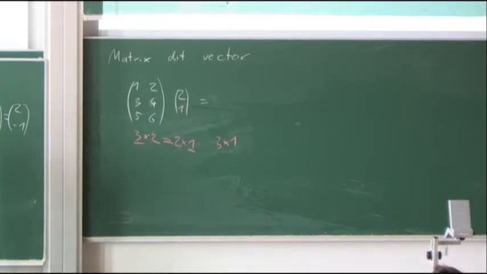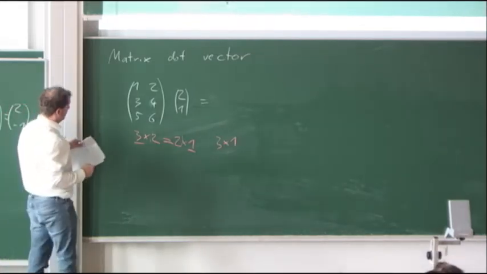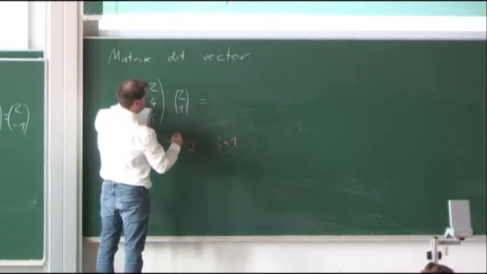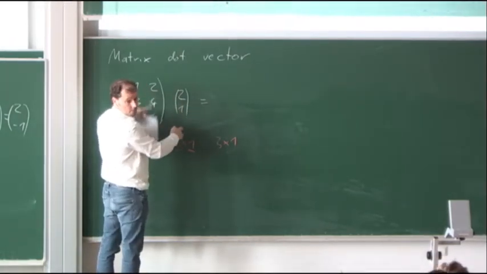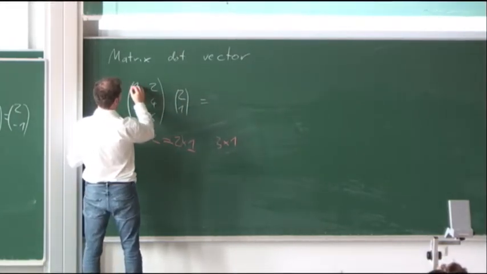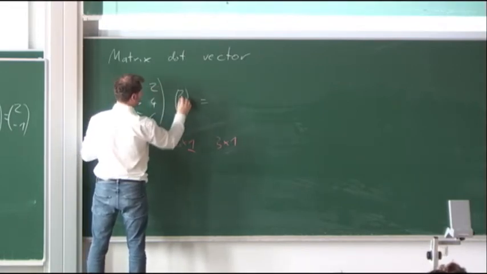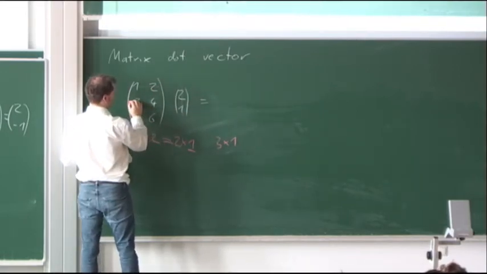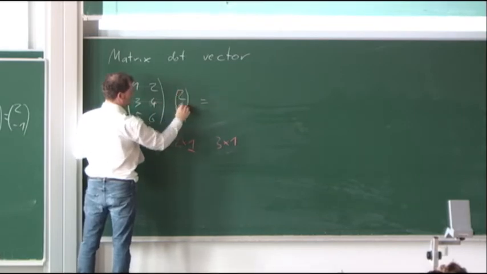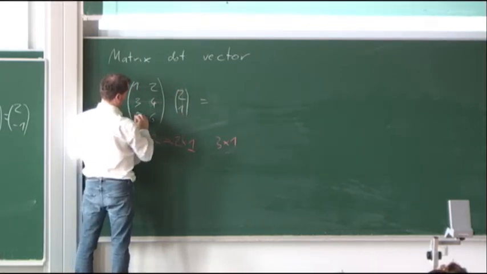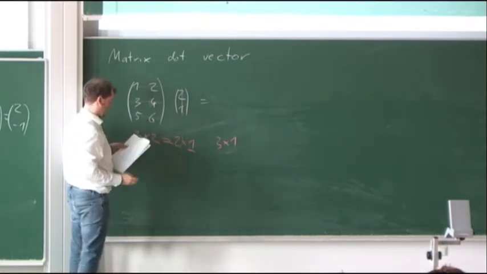Okay, now there's two ways of thinking about how to multiply matrices with vectors. The first way is to calculate the dot product between all the rows of the matrix and the vector. So I will calculate the dot product of the first row and the vector, then the second row times the vector, and the dot product between the third row and the vector.